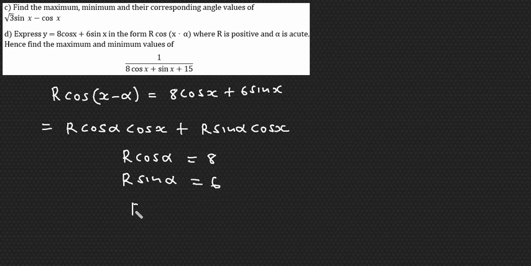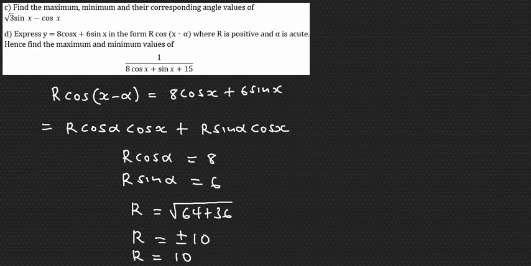So if I want to find r, I'll take the square root of 8 squared, which is 64, and 6 squared, which is 36, giving us the square root of 100, which is plus or minus 10. So here I'll take the magnitude of 10.